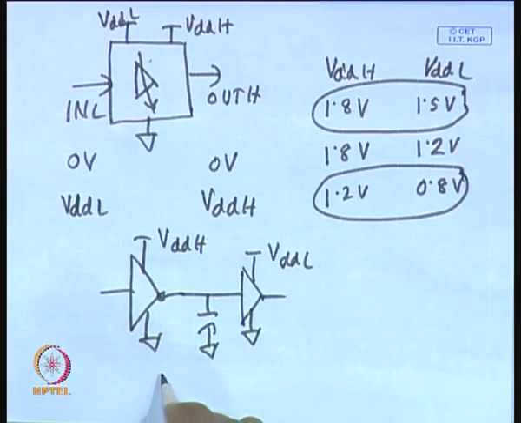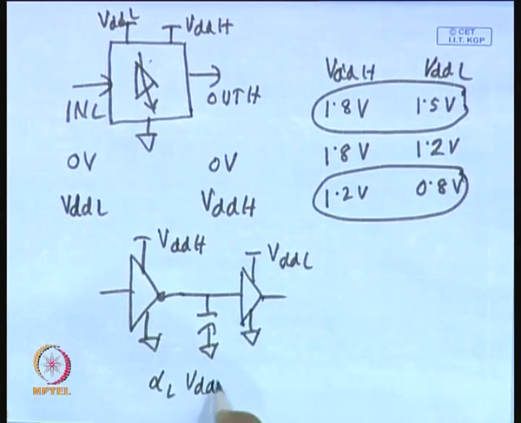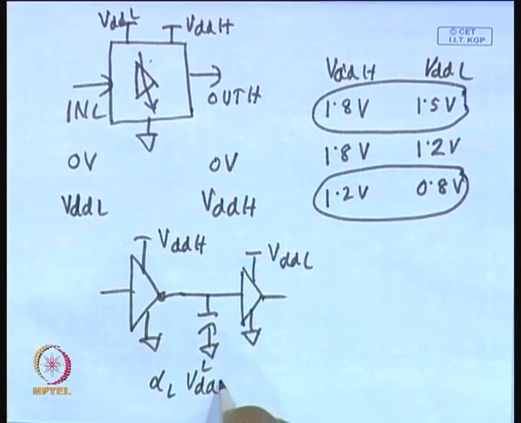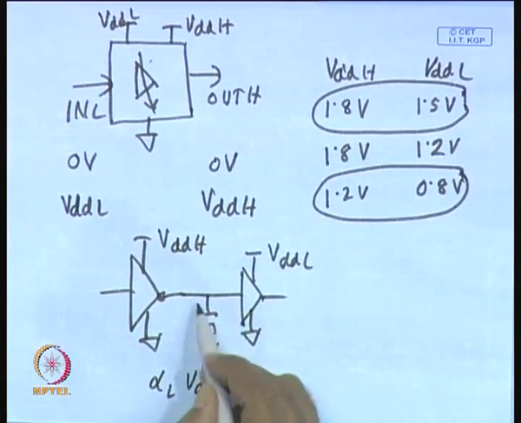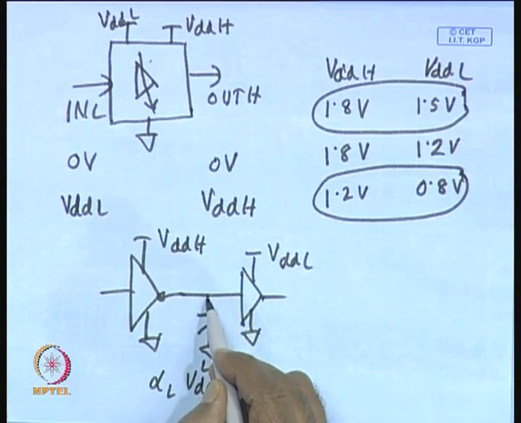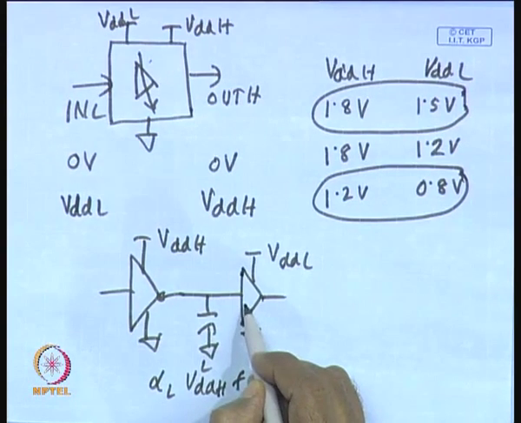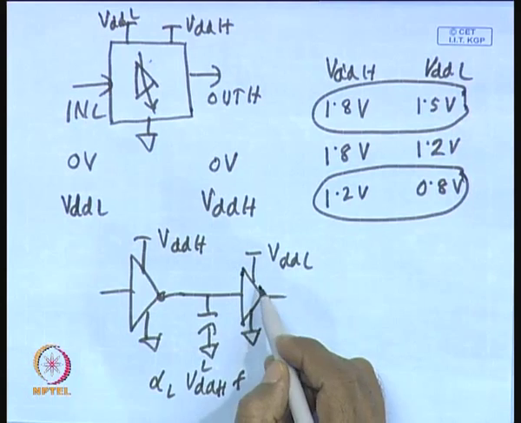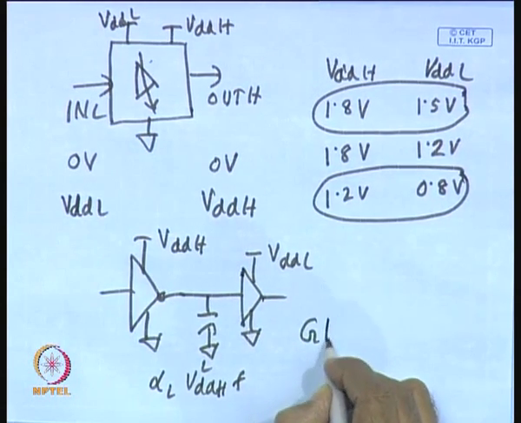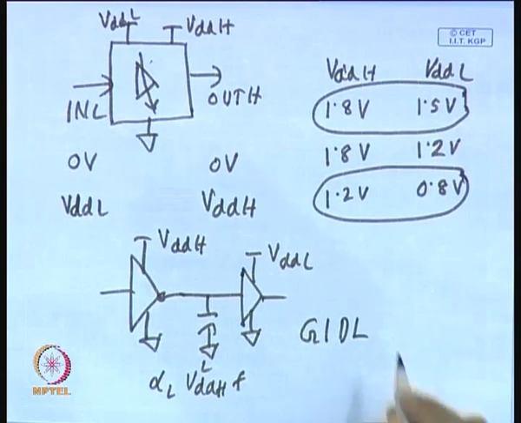As you know, the power dissipation is proportional to alpha C_L VDD square, in this case VDD H square, times f. So, the power dissipation will be unnecessarily high, and since you are driving with a higher gate voltage, this will lead to higher power dissipation in this gate because of the GIDL effect, the gate induced drain leakage effect. I have already discussed it.